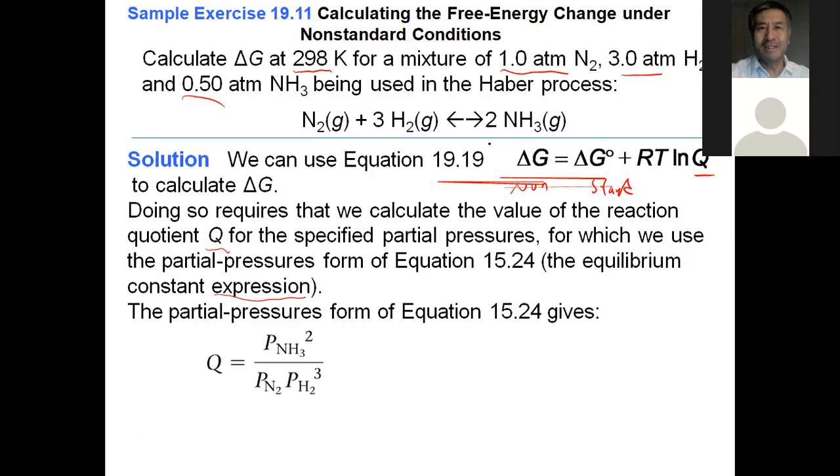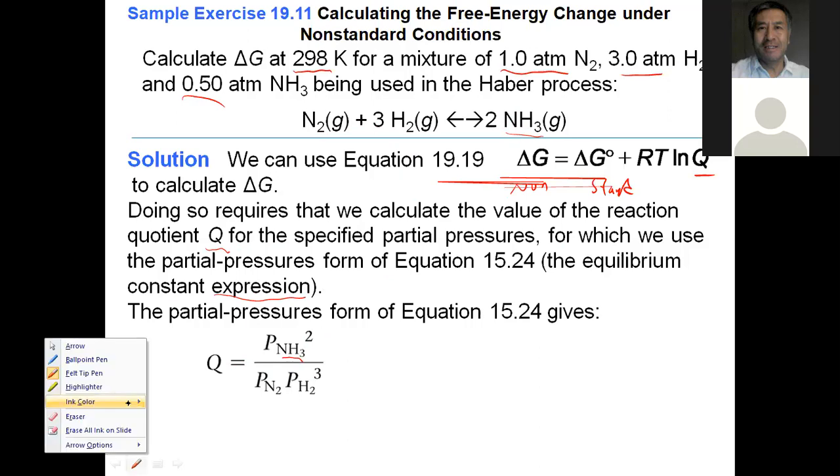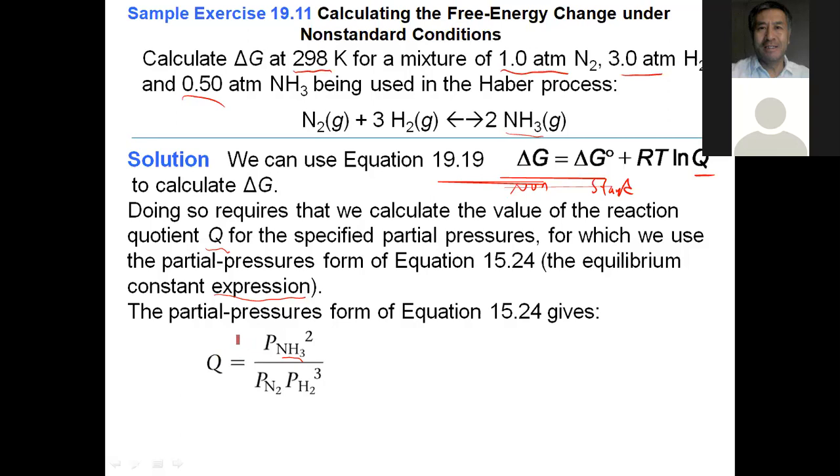For this particular reaction, using partial pressure, Q is the partial pressure of our product NO3 squared, from the coefficient. This is the typical way of writing the equilibrium constant, and we can also use it for the reaction quotient Q.